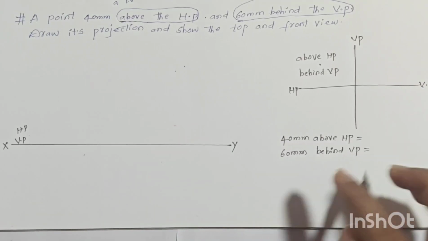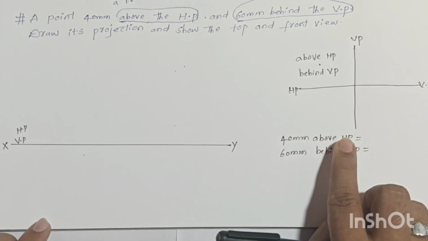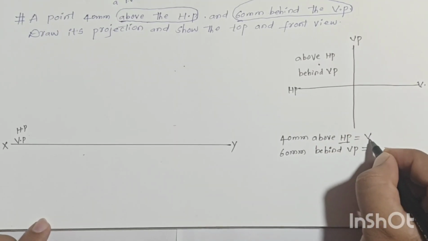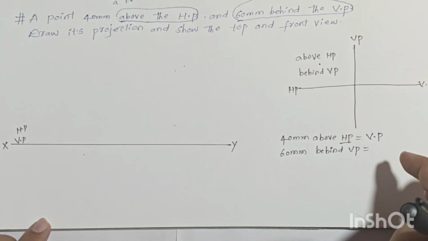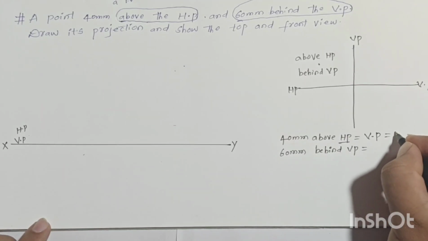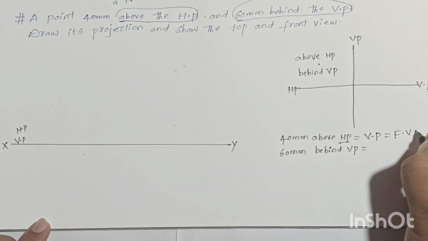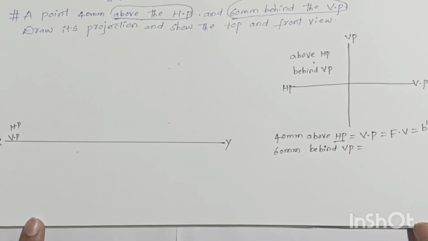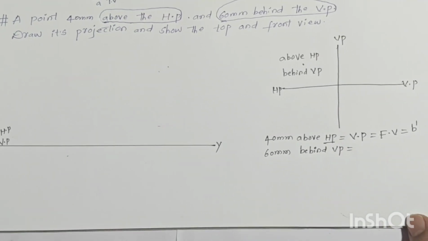Just now I told you 40 mm above the HP means you need to draw the projection of the point on the vertical plane. VP is the front view. Front view is represented as the point B dash.